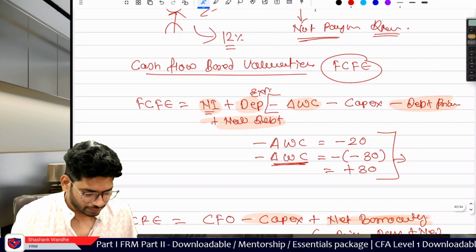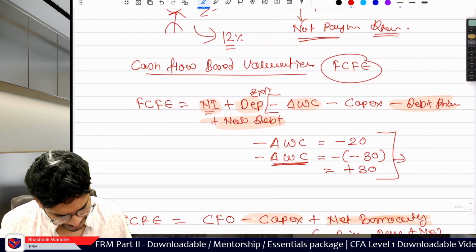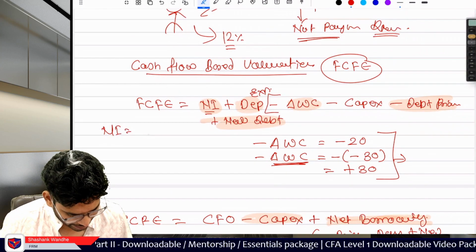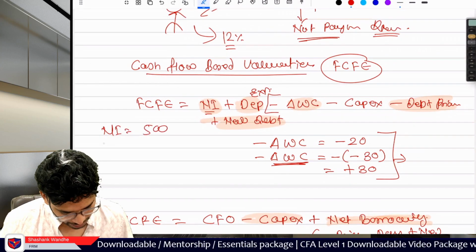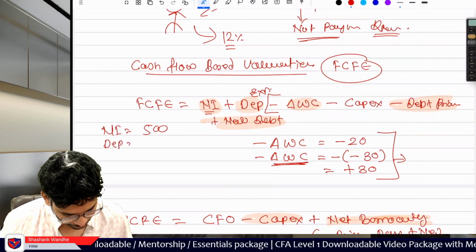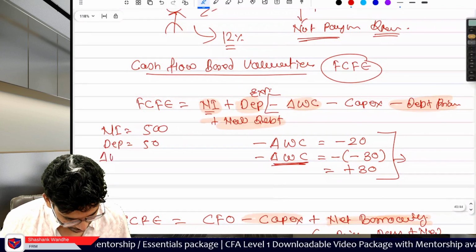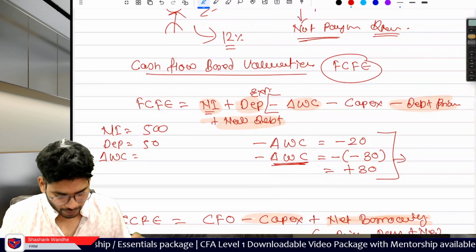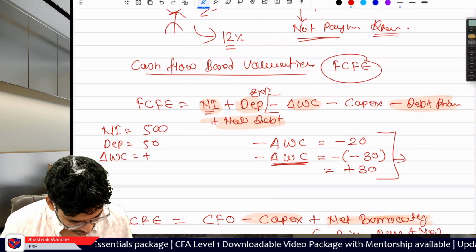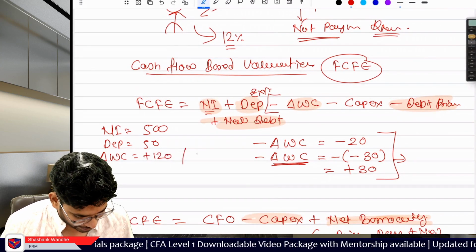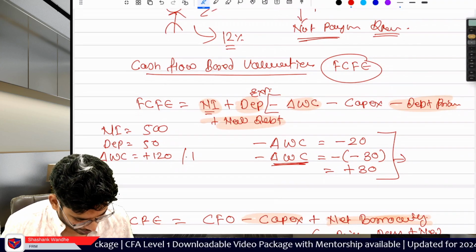Same thing is here. For this, let's say the net income, I'll just again give you the example. Net income is 500, depreciation is 50. So you will add the depreciation. Change in working capital. So in case 1, I will give plus 120, and in case 2, I will give minus 100.